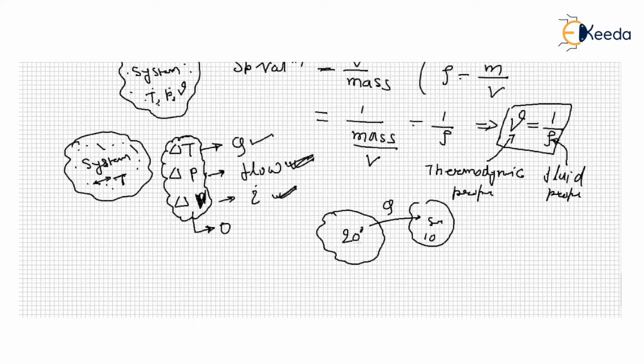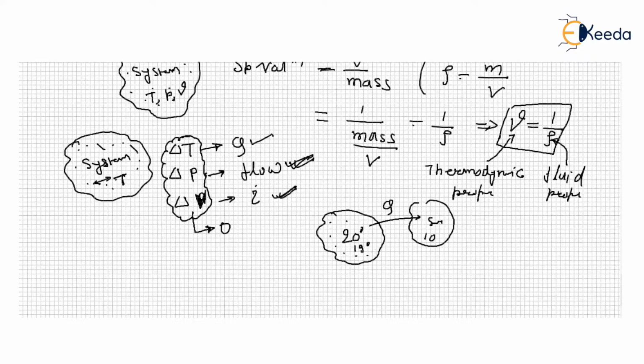But if we reject heat from a high temperature body to a surrounding, the system temperature will change, right? If the system temperature is suppose 90 degree, throughout the 90 degree, after some time it is 18 degree.